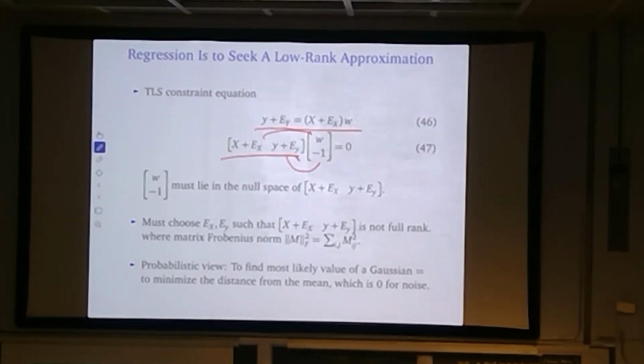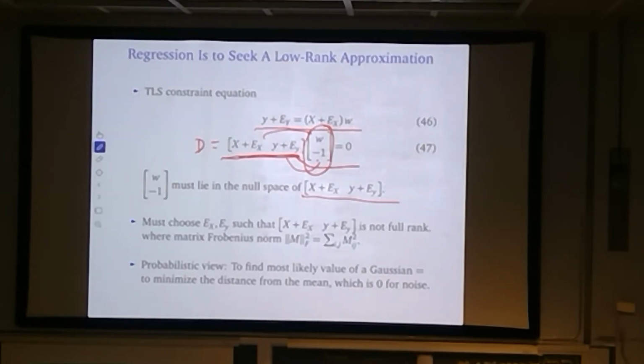What does this equation mean? If this is a matrix, the data matrix, this data matrix multiplied by this vector is 0. That means W, minus 1 has to lie in the null space of this data matrix.